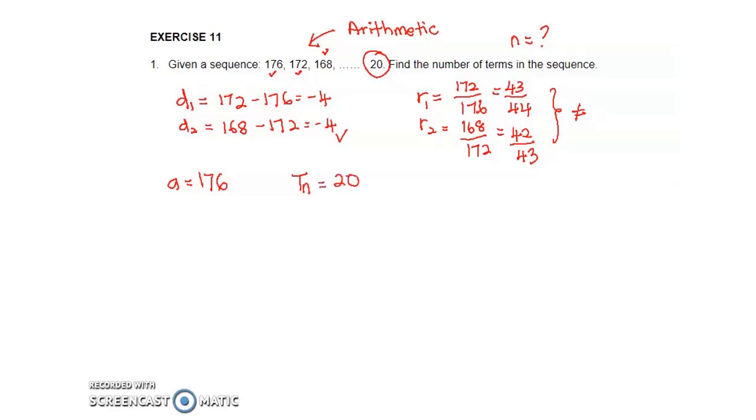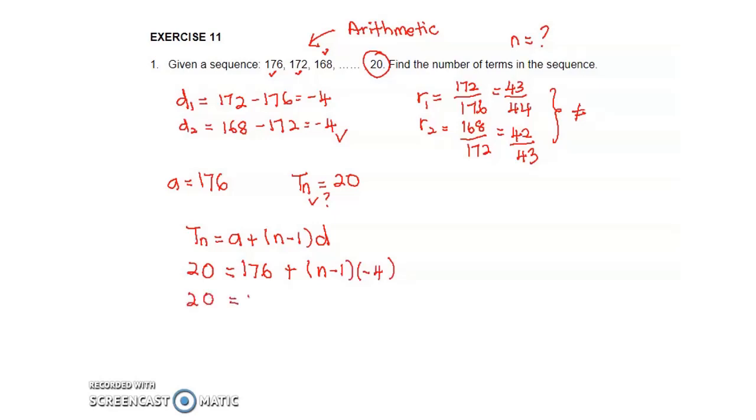Now we want to find the value of n here. Use the arithmetic sequence formula: Tn equals A plus (n minus 1) times D. Substitute the values that we have: Tn equals 20, the first term is 176, plus (n minus 1) times D, where D equals -4.